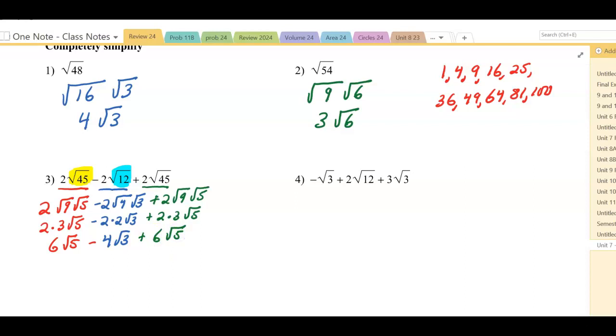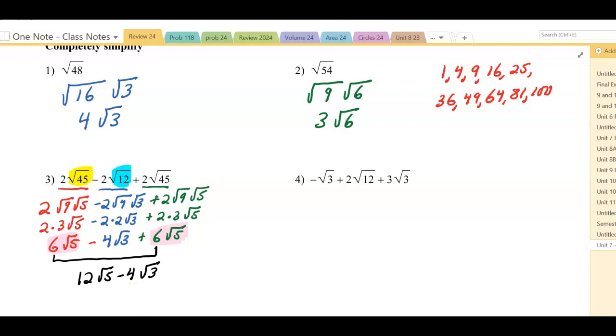And then we could add the common radicals, meaning we could add the 6 root 5 and the 6 root 5. And in order to do that, we add the numbers in front. So we'll have 12 square root of 5 minus 4 square root of 3, because we cannot combine the root 5 and the root 3.